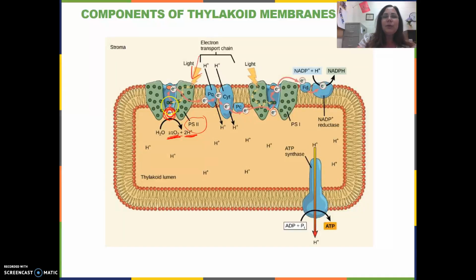And it finally reaches a reaction center chlorophyll A molecule, which are here, not labeled, but then the electron ends up in a molecule that's called the electron acceptor molecule. And that electron acceptor molecule sends that electron down an electron transport chain.